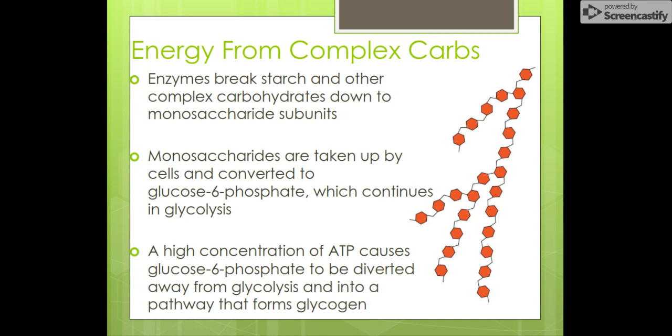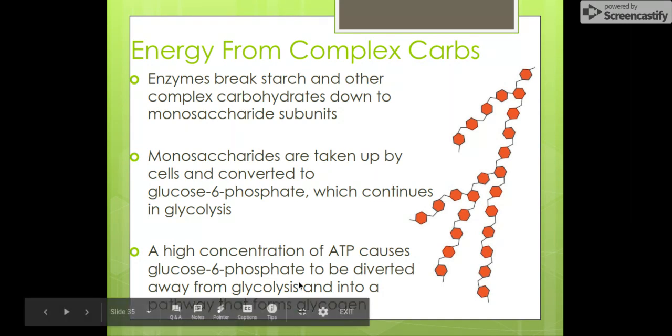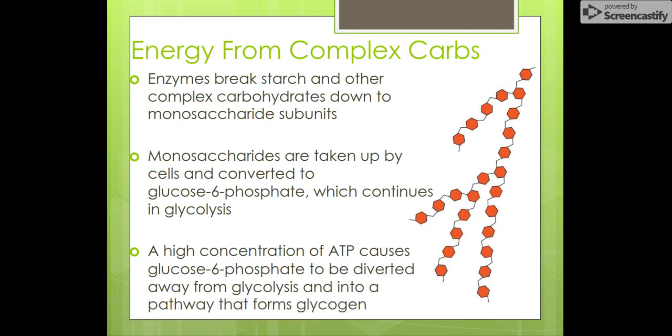Okay, something that our cells will do, if we have a lot of glucose already in our cells, then we don't need to continue breaking this down and turning it into energy, into ATP, if we already have that ATP there. So what we're going to do is we're going to take this glucose and we're going to form our own complex carbohydrate known as glycogen in animals.